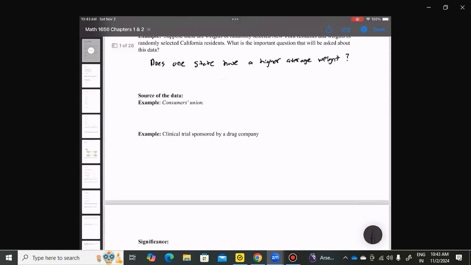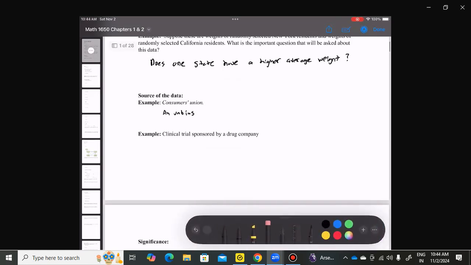We also want to look at sources of data. So, for instance, we'll look at Consumers Union. It's more of an unbiased source that reports information. Whereas a clinical trial sponsored by a drug company is more suspicious.